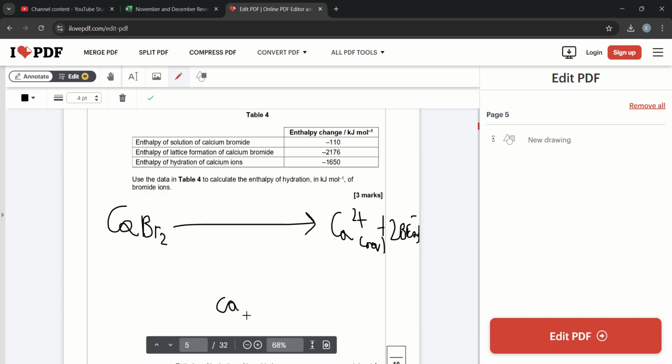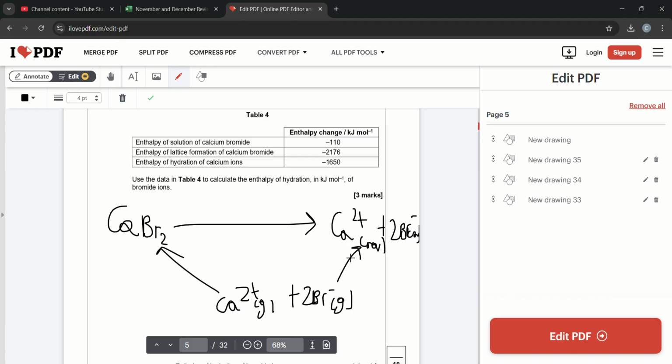And then we've got the gaseous state at the bottom, the cycle arrows are pointing upwards, and we know to go from calcium bromide to here is minus 110.